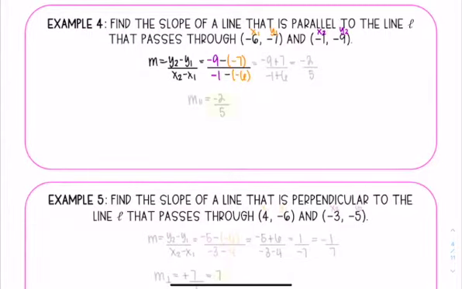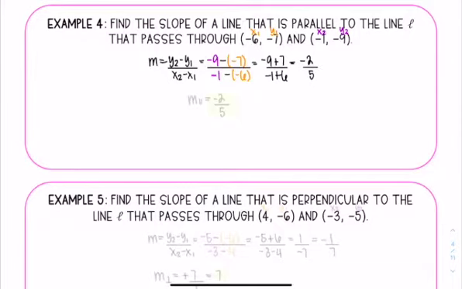And so we end up having double negatives on the top and the bottom, and so we just want to simplify that. We end up with negative 9 plus 7 all over negative 1 plus 6. Well, negative 9 plus 7 is negative 2, and -1 plus 6 is 5.